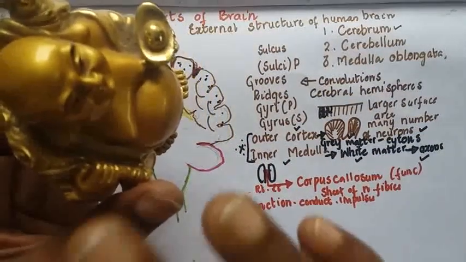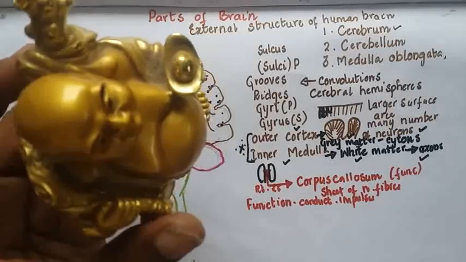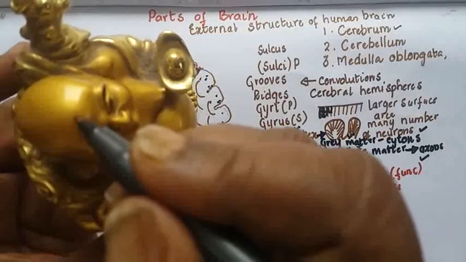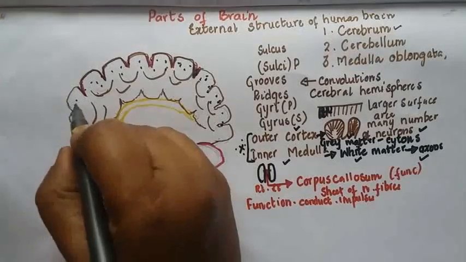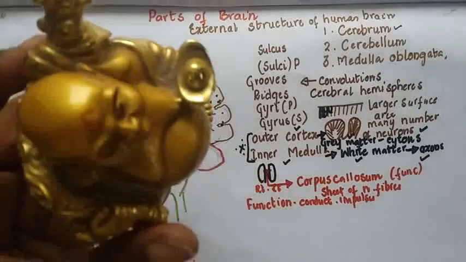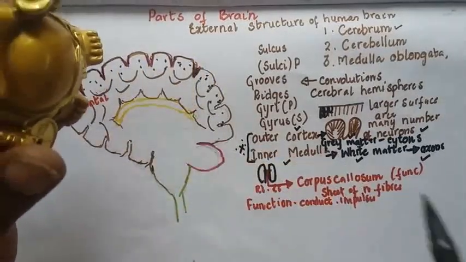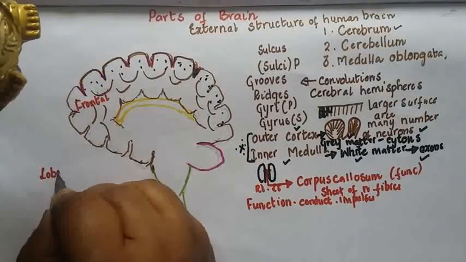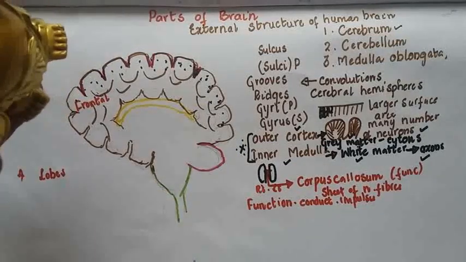Now I can say that the cerebrum can be divided into 4 parts. The region which is close to the forehead, we call the frontal lobe. So the cerebrum has 4 lobes. What are those 4 lobes?